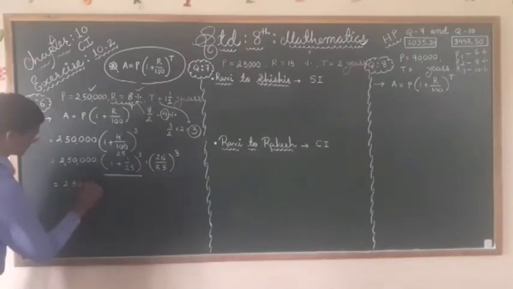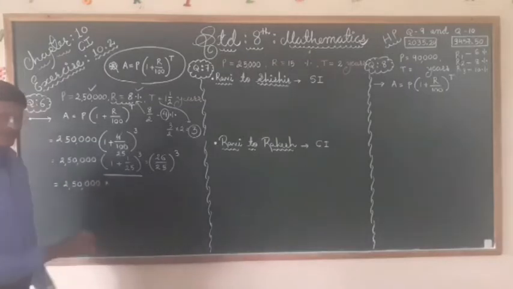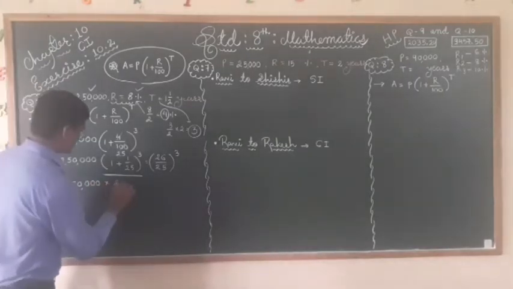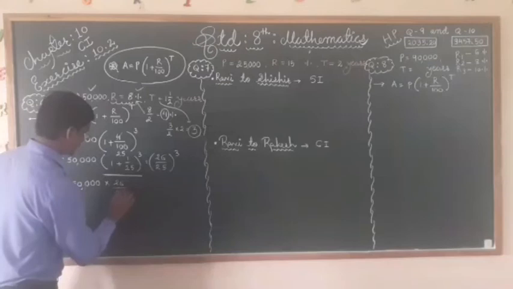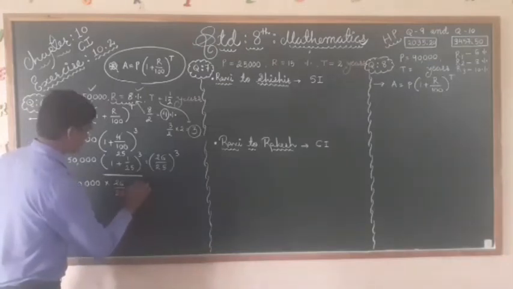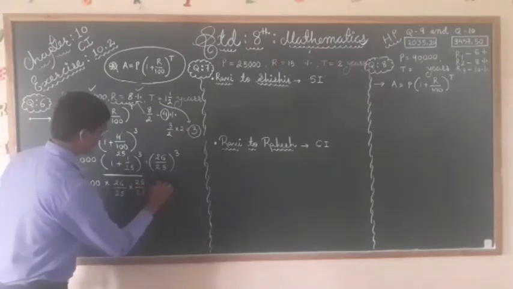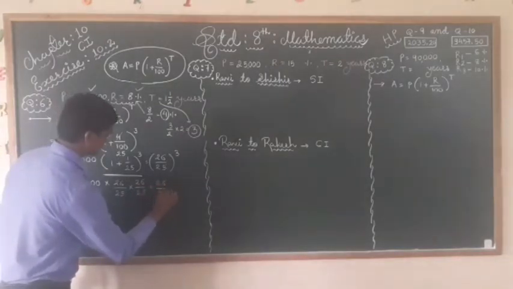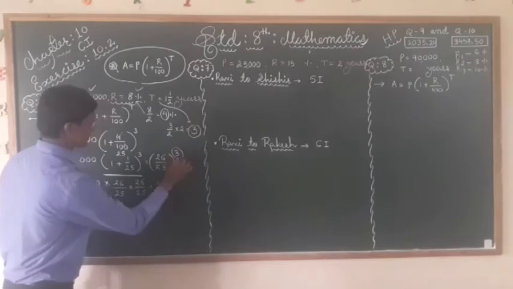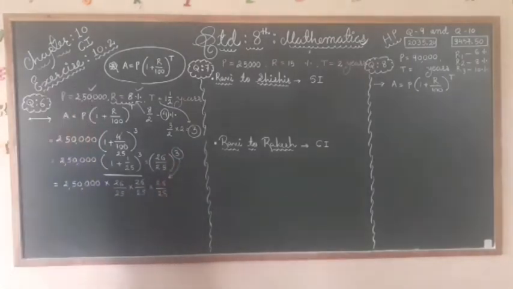2,50,000 multiply 26 divided by 25, 26 divided by 25, 26 divided by 25. It is 3 times, so we can multiply 3 times.